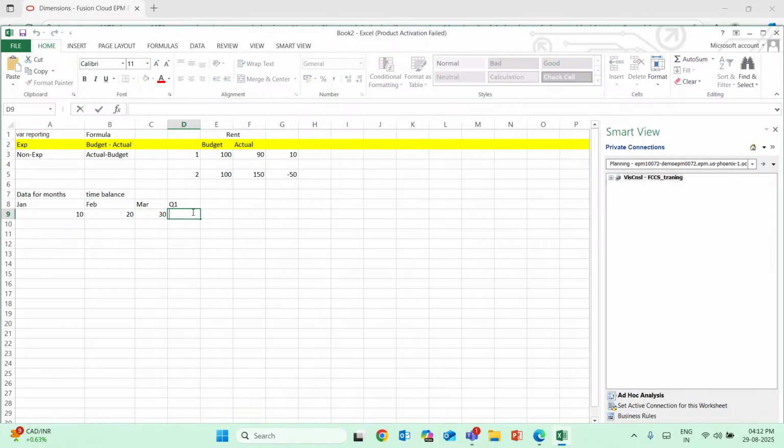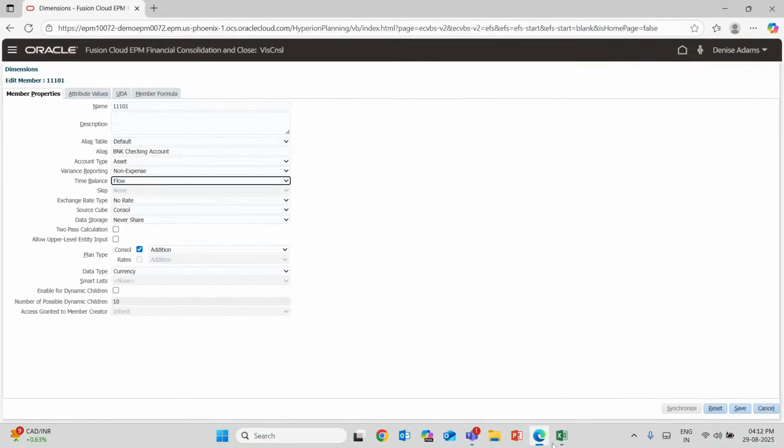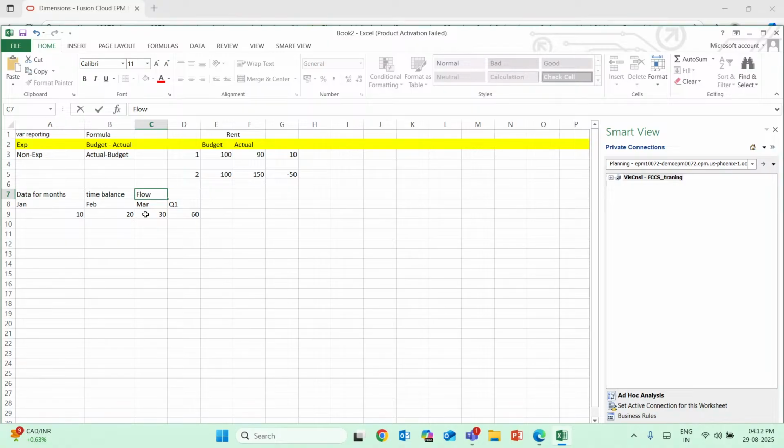So the data is going to be 10 plus 20 plus 30, so it's going to be 60. This represents time balance in a flow format. Time balance representing flow means we are just aggregating the data for quarter one, which is January, February, March.